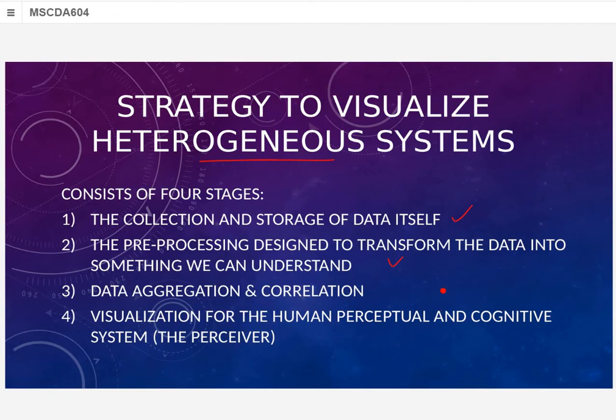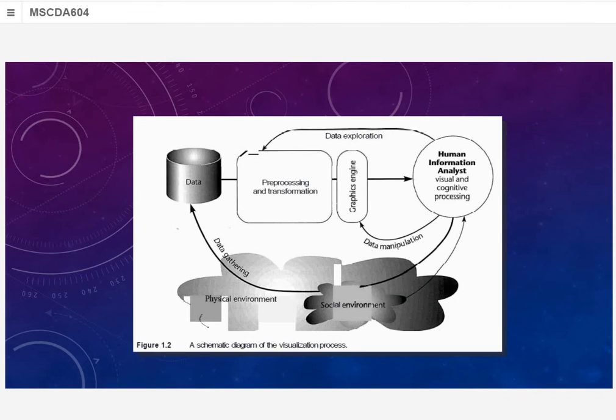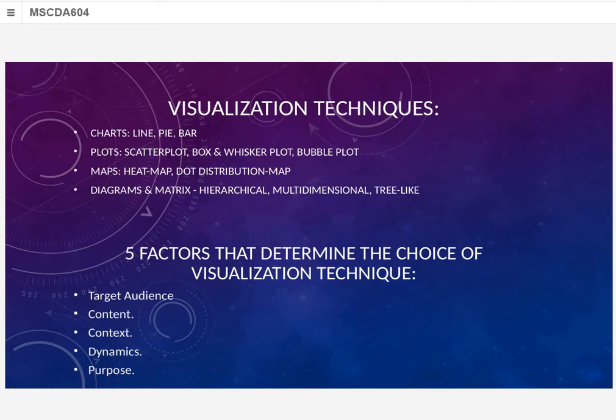You need to be able to aggregate or correlate the data from such systems, and visualize it for the human perceptual and cognitive system. So you collect the data, store it in a way that you understand, aggregate the data and correlate it before analysis. So that is heterogeneous systems.